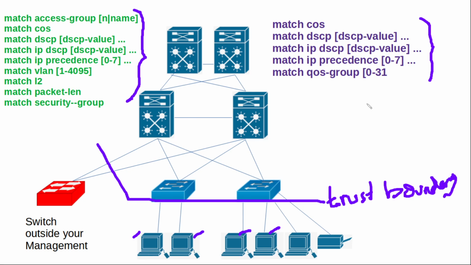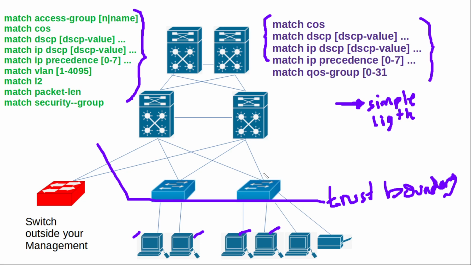So I'm going to mark with this color. This arrow means class maps that are going to be simple, or light class maps, however you want to call it, that are just going to rely on markings because they trust that at another point of the network a really detailed classification was done.